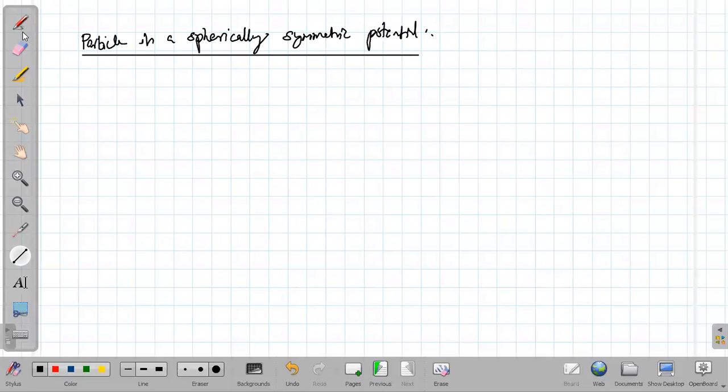If you connect this to our particular discussion, that is scattering, then instead of a simple particle, we can write the scattering problem in a spherically symmetric potential.